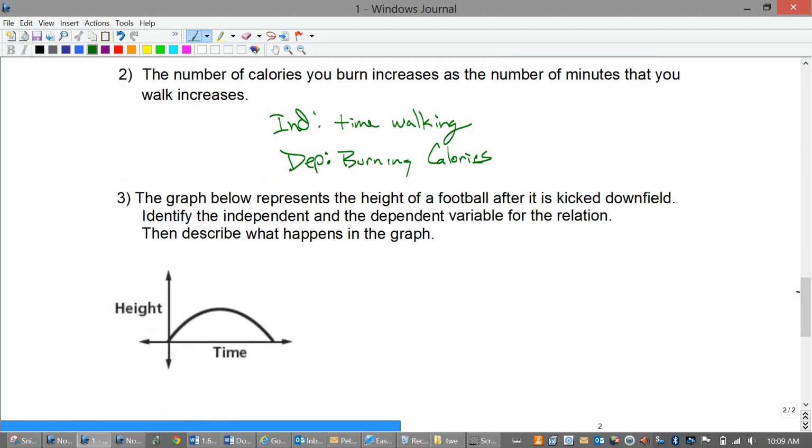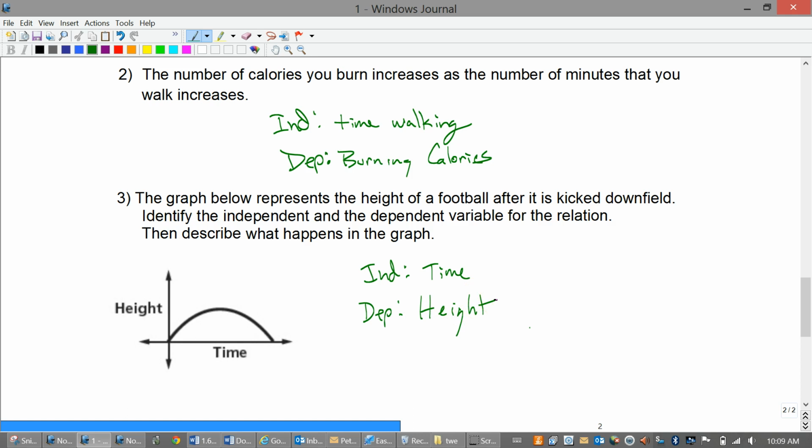From the graph below, the independent variable you can see, and there's three ways to determine this. Again, when we read the description and look at the graph, first way to determine this is time is represented in this problem. So automatically, the independent variable is the time. The dependent variable is the height.